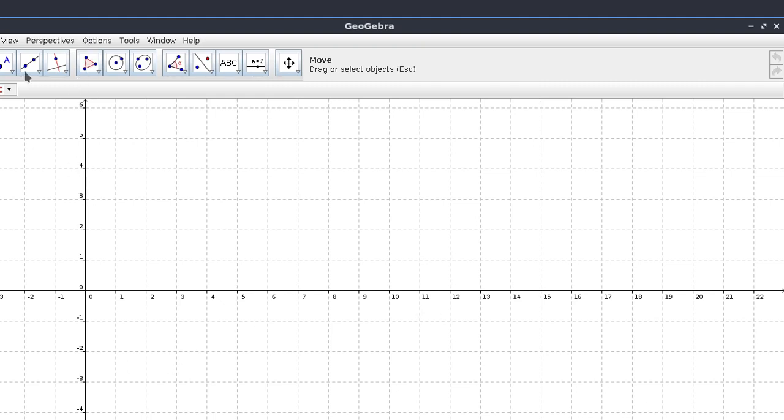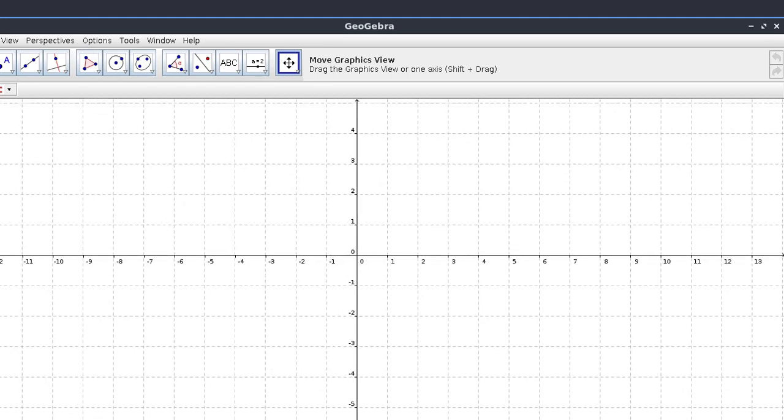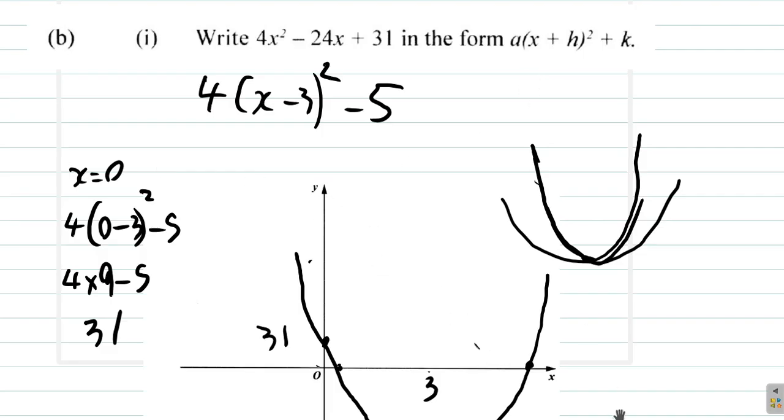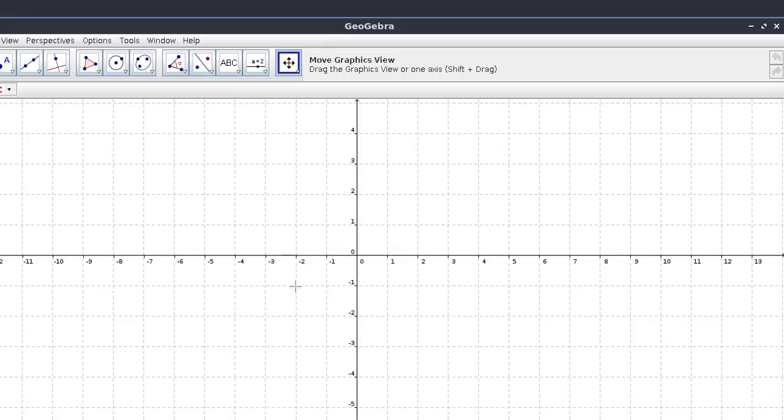I have GeoGebra graph plotter here. So I'm going to type in 4x raised to the power of 2 minus 24x, and what else happened after this? Plus 31. So we say plus 31.